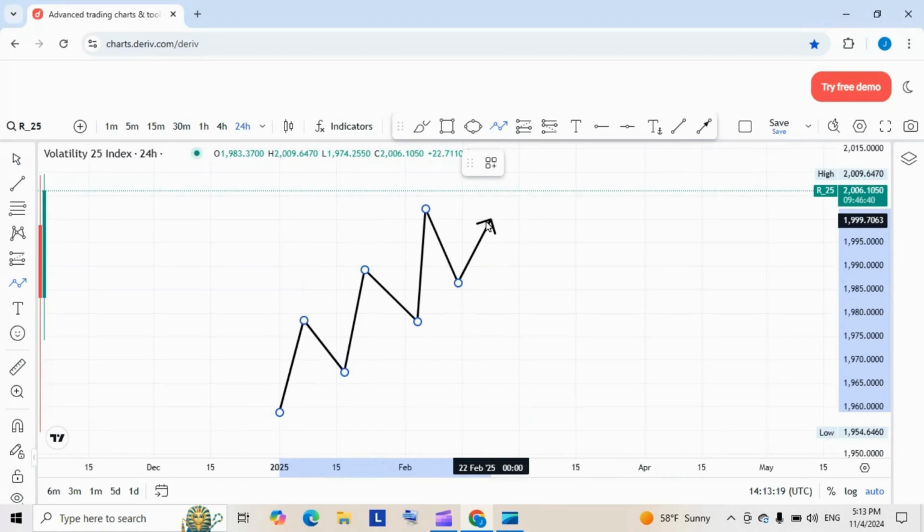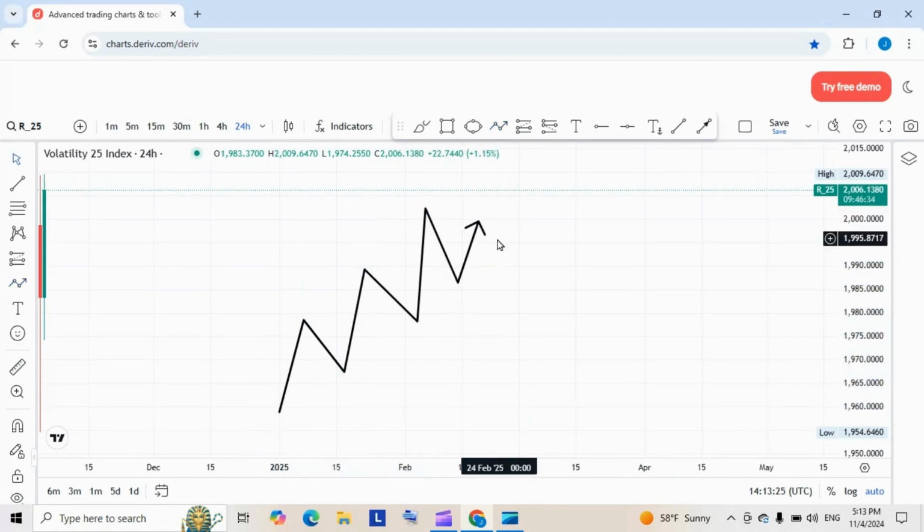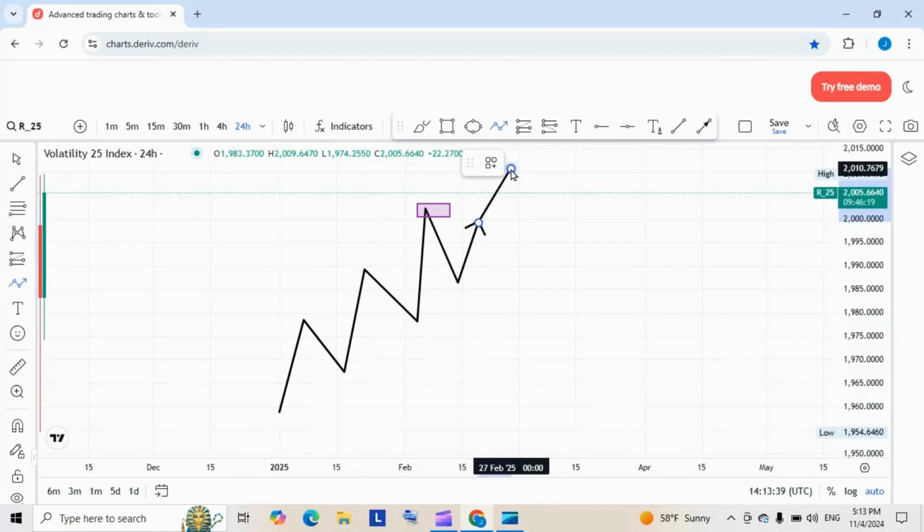You are going to see something like this. The price actually moves, but it fails to break this previous high. So we are expecting this, then we expect a pullback from this. However, we have a failed high.